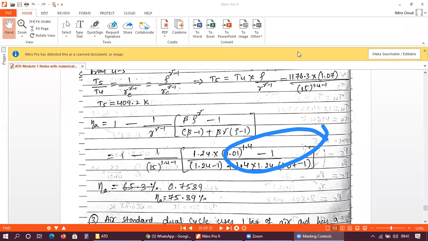Okay, again I kindly request you to go through all the processes of each of the cycles, and please start working on your assignments. The assignment I have already posted, today I posted the first assignment for ATD. I had also posted it in your WhatsApp group 15-20 days ago, and again today.